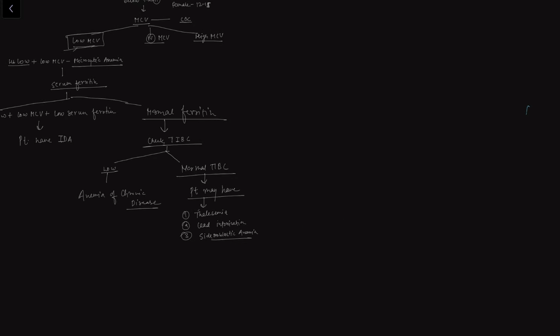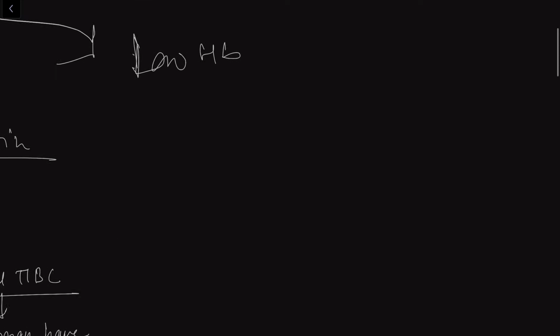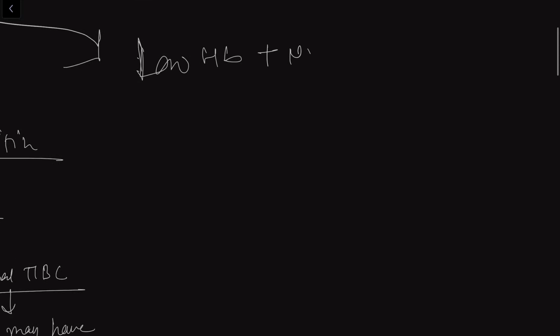If the patient has normal MCV, low hemoglobin but normal mean corpuscular volume means normocytic anemia. The patient has normocytic anemia.